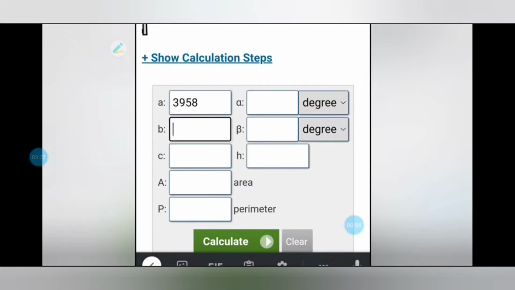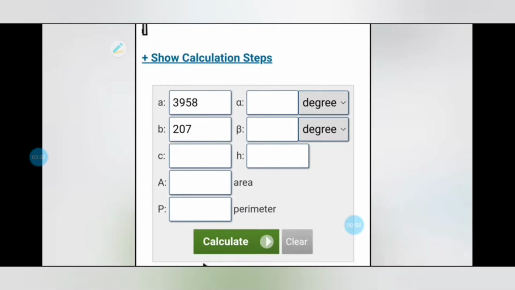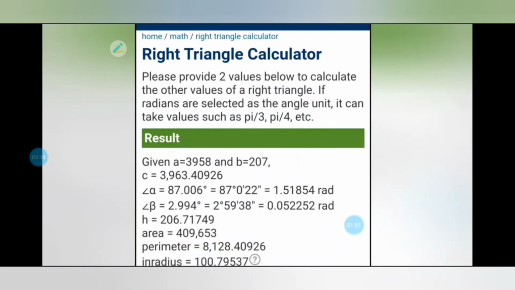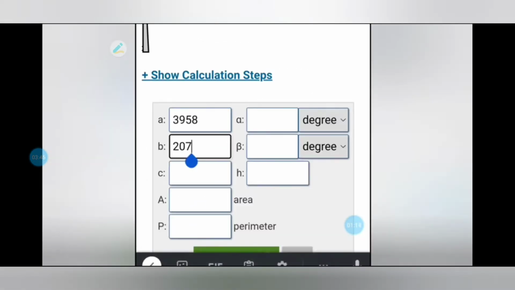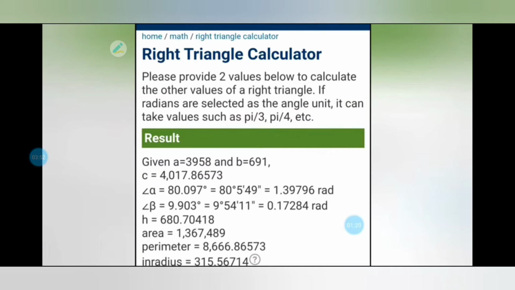So let's do 207.5. That should come out to 3 degrees, or 87. There it is, 87.006. But still, immeasurable basically. So let's move up a little further. Let's do 691. That should give us 10 degrees, or 80 degrees.